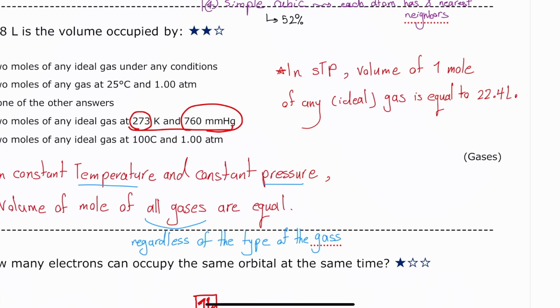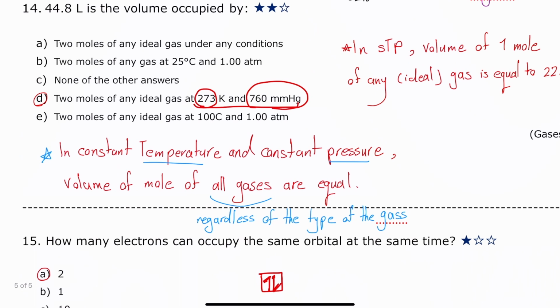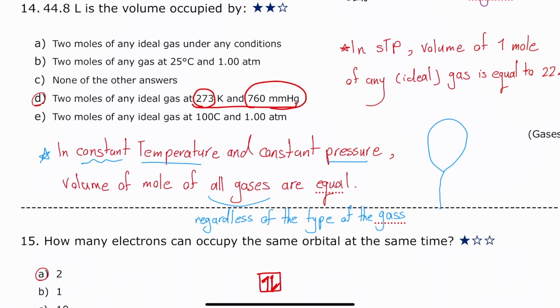For example, let's think of it as balloons. You're introducing a constant temperature. Let's put the room temperature as this constant, and also keep the pressure constant, no change in pressure. Then you choose the same amount of moles, let's say 1 mole of different gases.